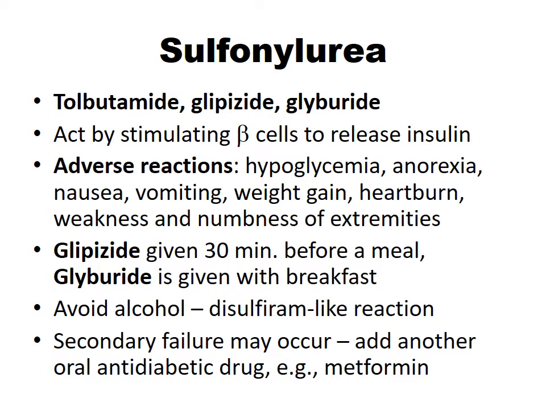Sulfonylureas include tolbutamide, glipizide, and glyburide. They act by stimulating release of insulin, an increased amount of insulin released from beta cells in the pancreas. Adverse drug reactions associated with sulfonylurea include hypoglycemia and weight gain, nausea, vomiting, heartburn, weakness, and numbness of extremities.